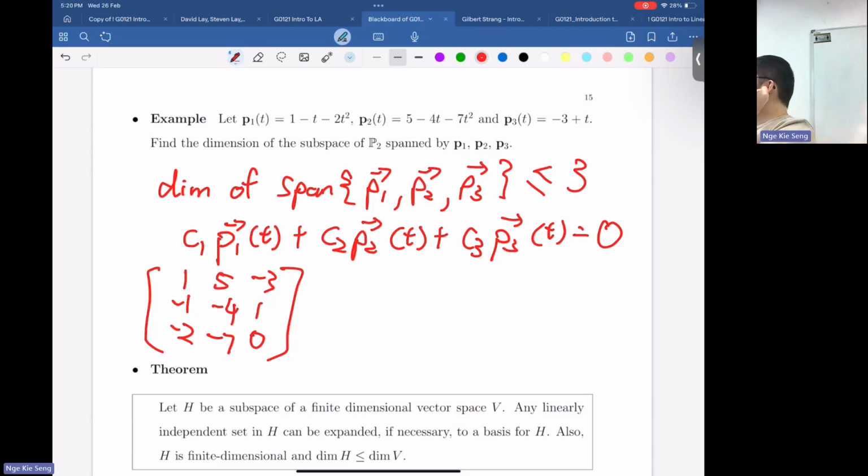Is everyone getting this coefficient matrix or not? Expand it. Try expand yourself. Correct, okay.